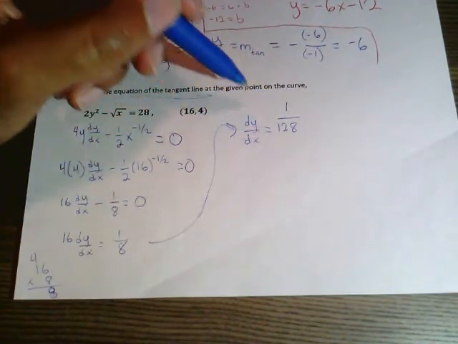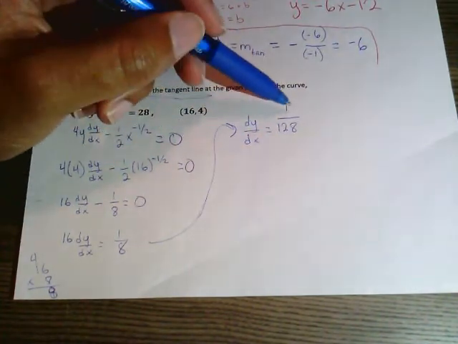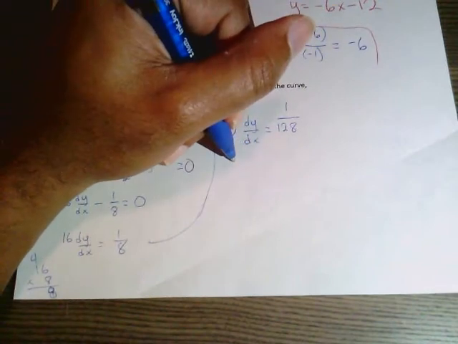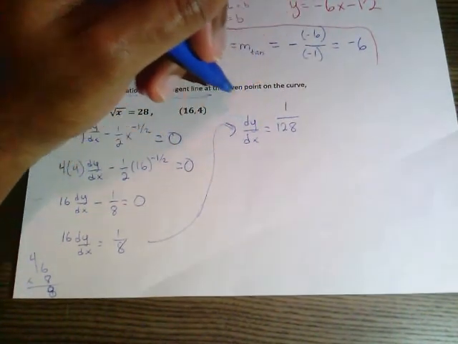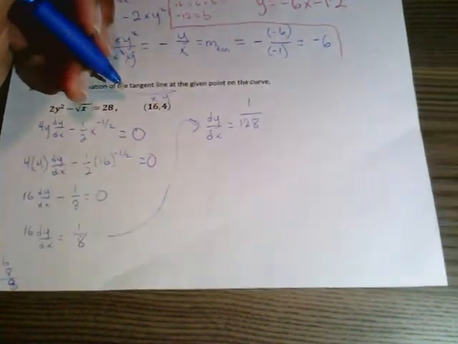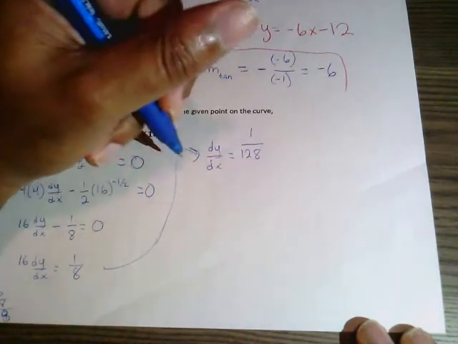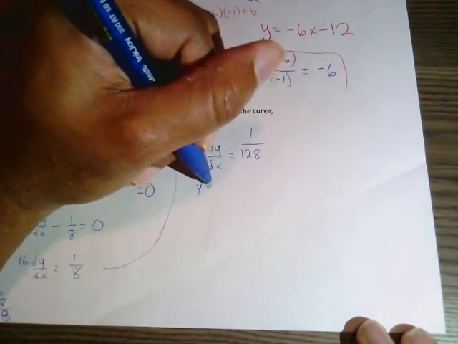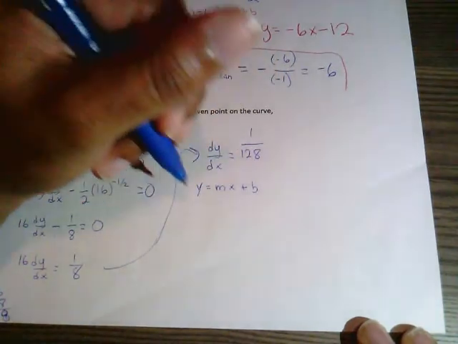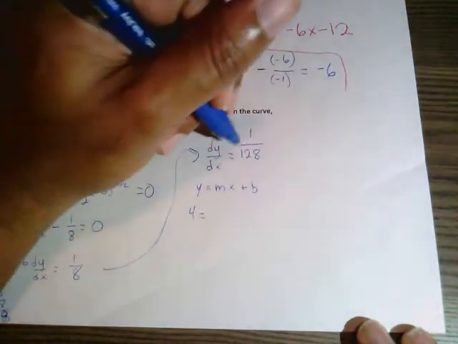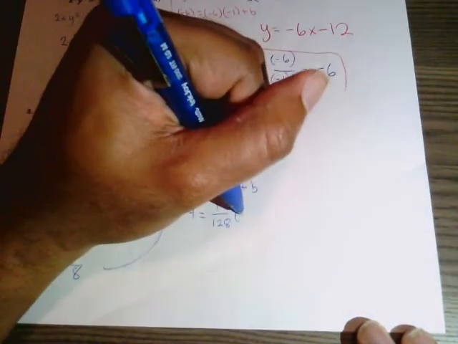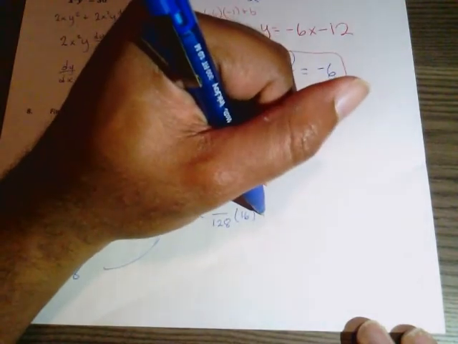So now we have dy/dx, and we've already evaluated it to get what our slope is. So this is the slope of our tangent line, this is our x, and this is our y. So now we just need to figure out what the y-intercept is. If y equals mx plus b, then y is 4, our slope is 1/128 times x, which is 16, plus b.